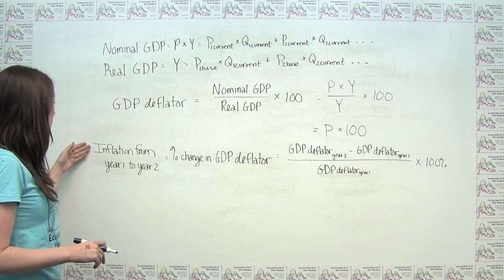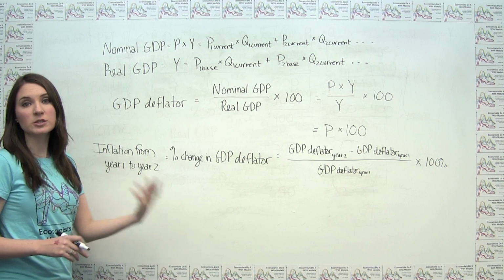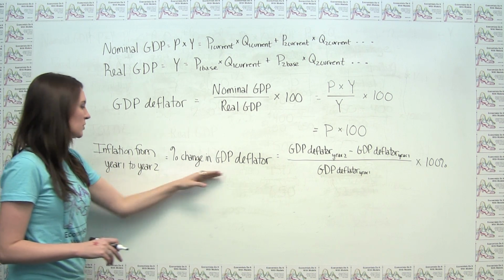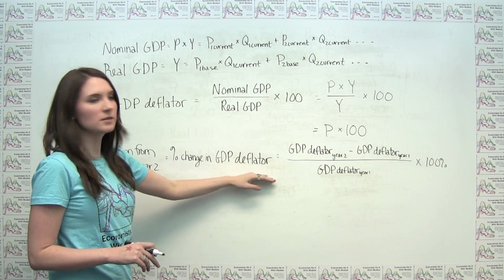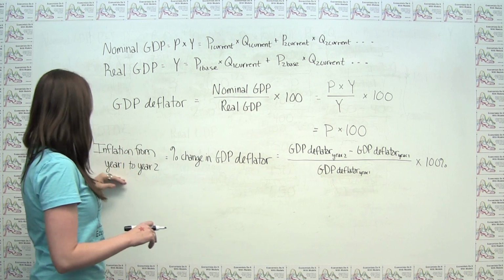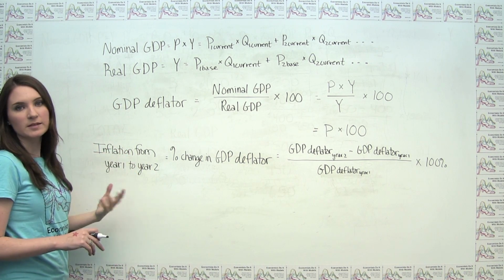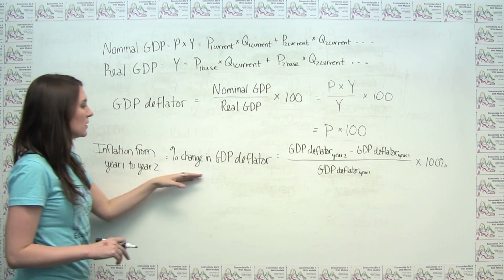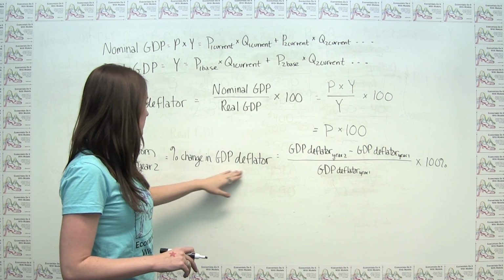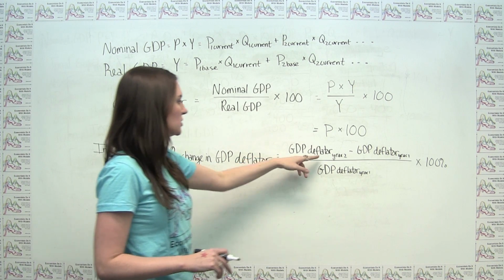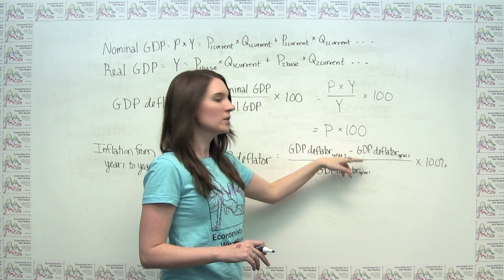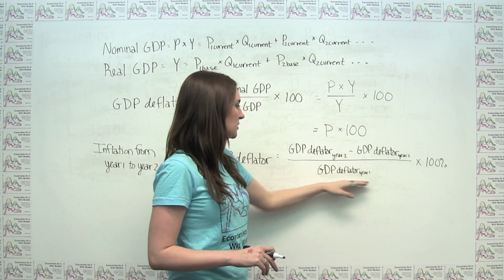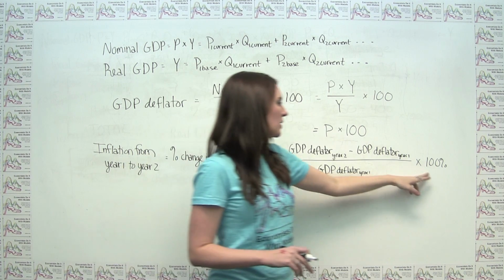So we can say that the inflation, or one measure of inflation, from year 1 to year 2 is just the percent change in the GDP deflator, because inflation is in and of itself defined as a percent change in the aggregate price level. And again, the percent change in the GDP deflator is going to be the GDP deflator for year 2 minus the GDP deflator for year 1, divided by the GDP deflator for year 1, and just multiplied by 100%.